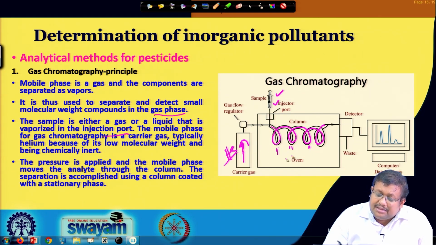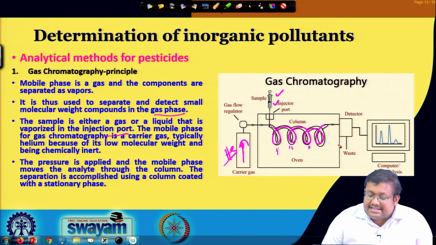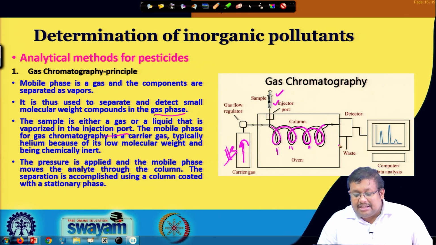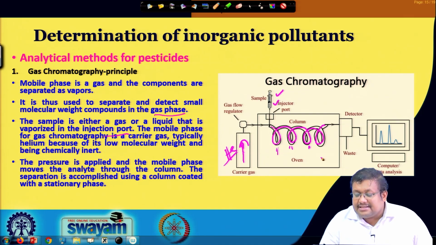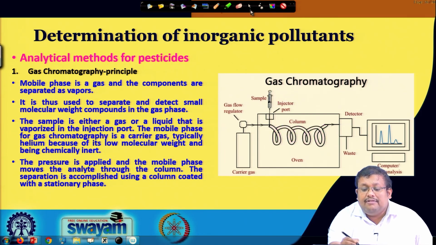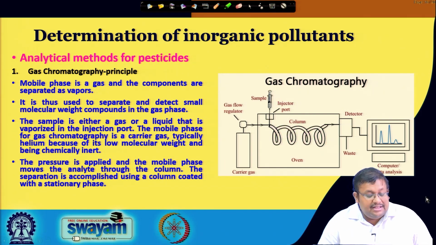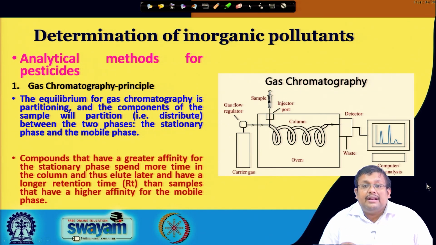This helium mixed with the sample is moving through the column, which is coated with the stationary phase, and based on the interaction of the sample with the stationary phase, it will be detected, and ultimately we will be seeing different peaks of different components of our analyte.